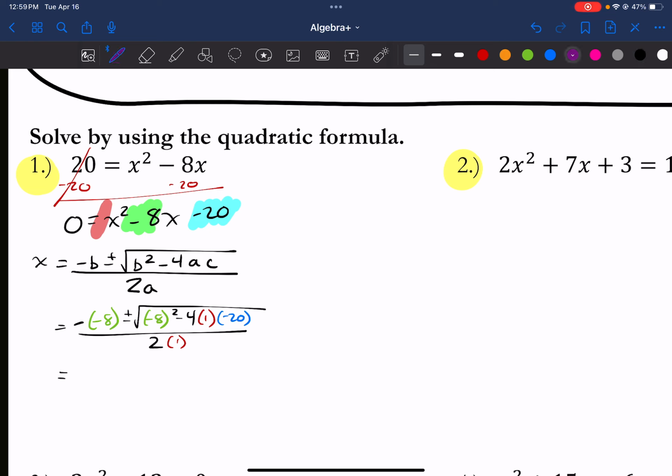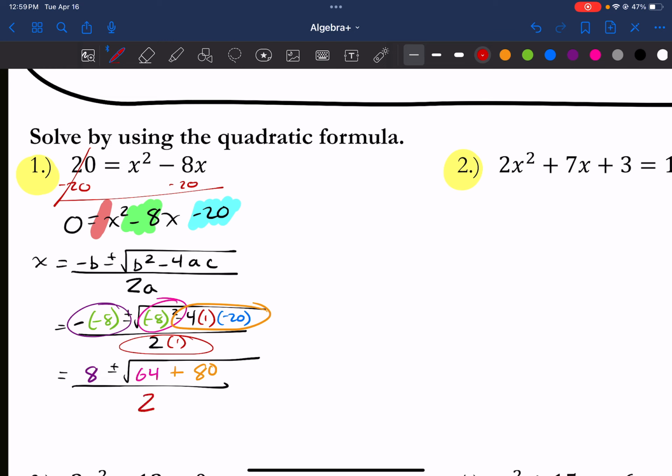I get a negative negative 8, which is a positive 8, plus or minus. I also know 8 squared is 64. I know that this part is going to be a plus 80, because 4 times 1 is 4, and then 4 times 20 is 80, so it's a positive 80, all over 2 times 1 in the denominator, which is 2.